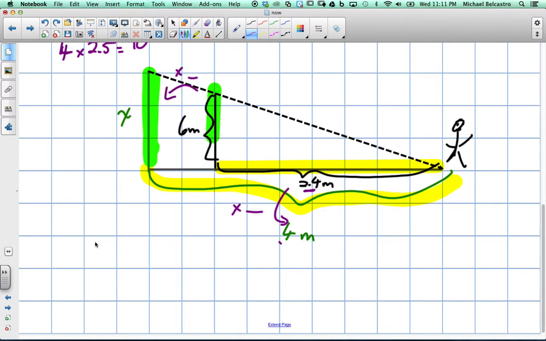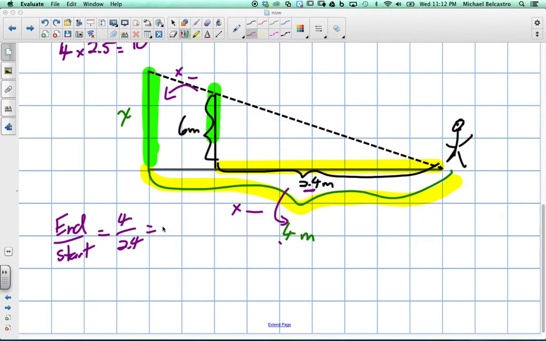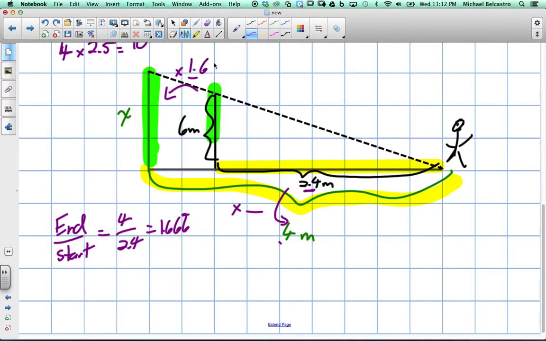Same idea as before, we take our ending number and divide by our starting number. So 4 divided by 2.4. What will that give us in this case? 4 divided by 2.4 is 1.6 repeated. We want to be as accurate as possible, so when we multiply, I want to take this value to as many 6s as possible.